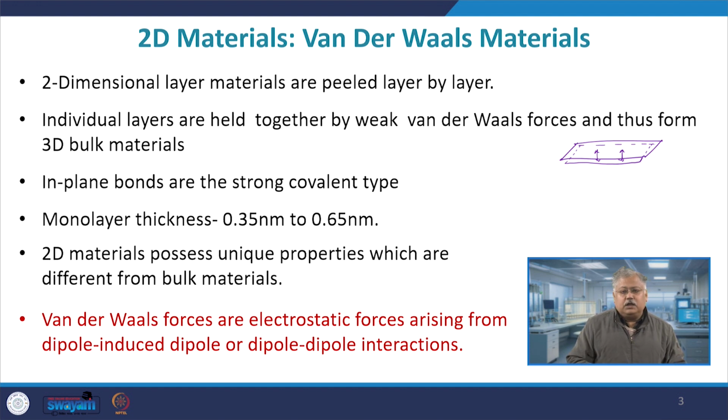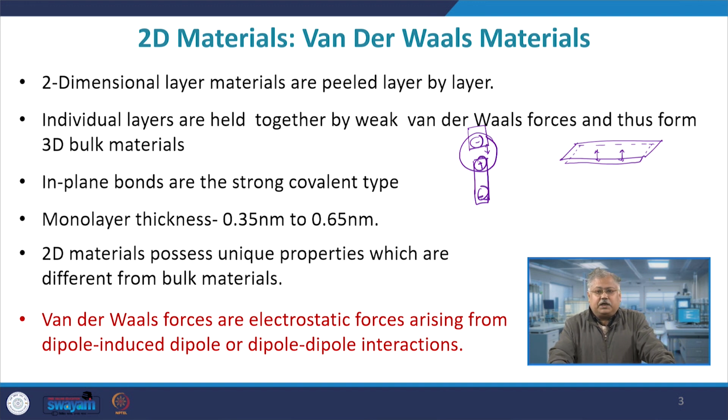So there are two dipoles in nature, and let's say I have a dipole which has a positive and a negative pole available, and if there is a weak force available very close to each other, then there is a weak electrostatic force between the two, and this is known as a dipole induced or dipole-dipole interaction.